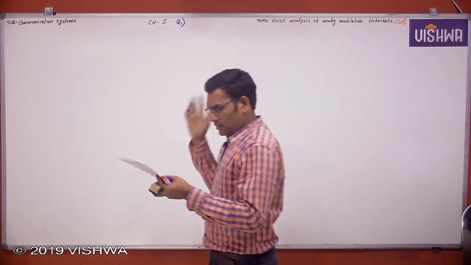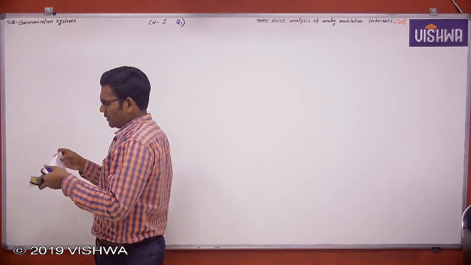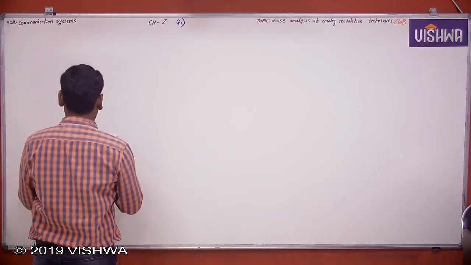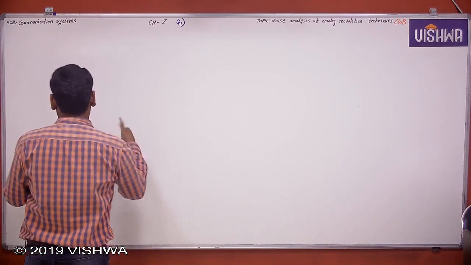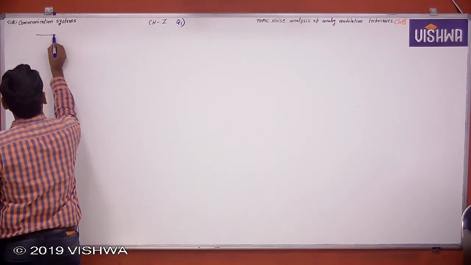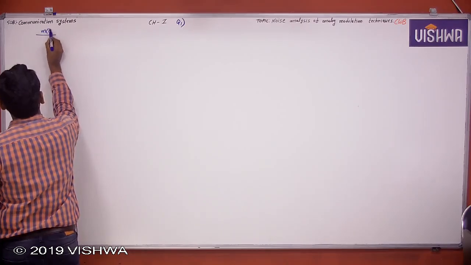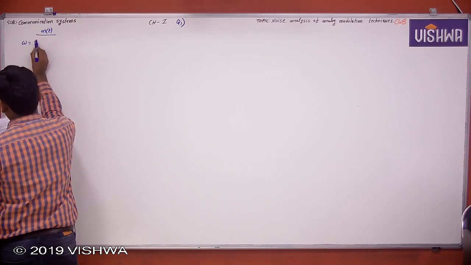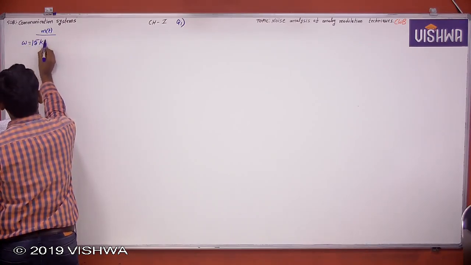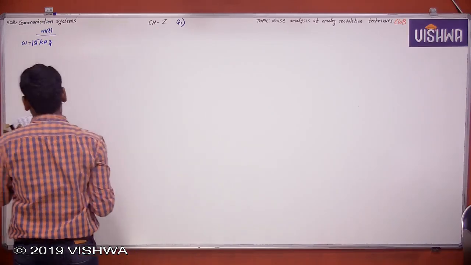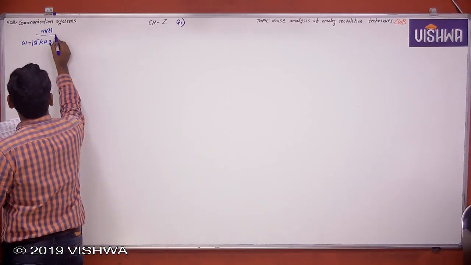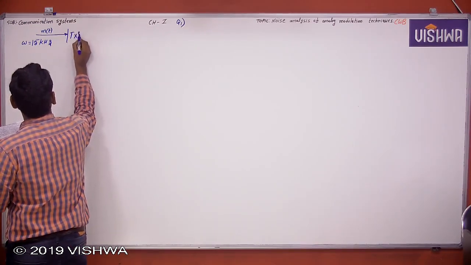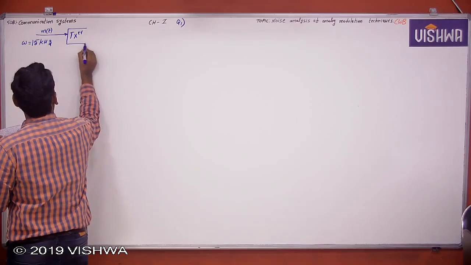Question number 1: a message signal band limited to 15 kHz and is transmitted through a channel after modulation.